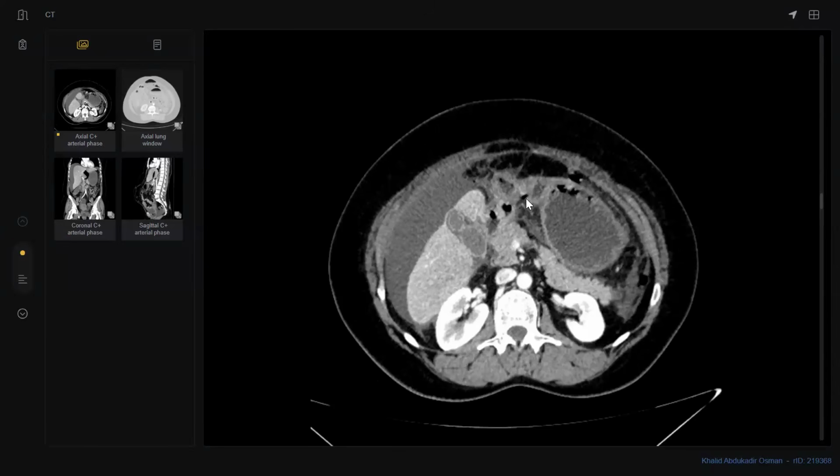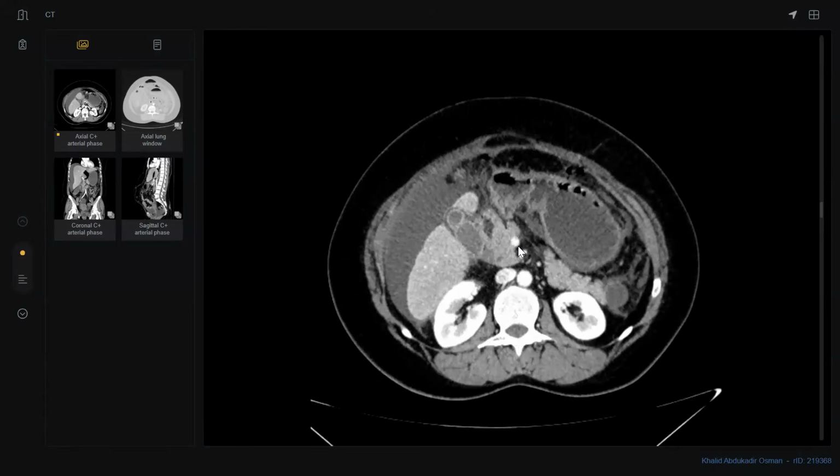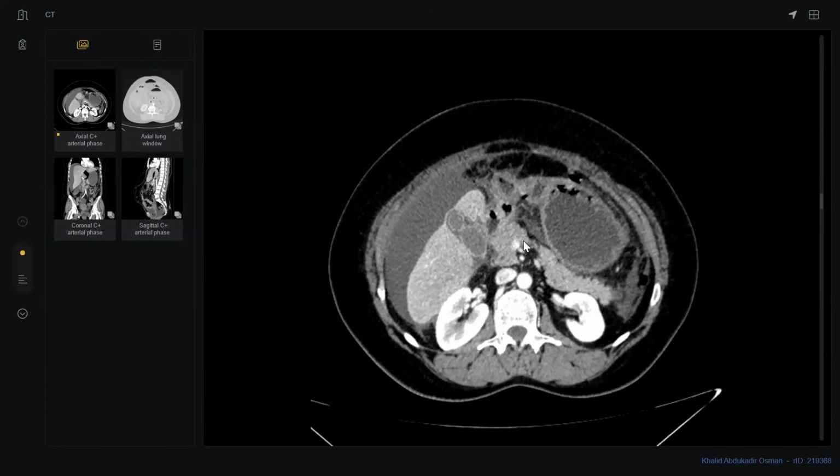Okay, I'm suspecting that at this site there is a small defect within the stomach wall. Here it is.